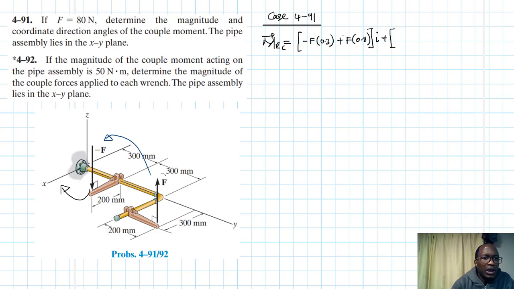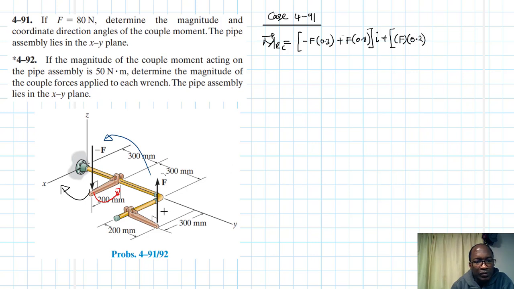Then plus, along the y-axis, let's start with this one. We are going to have a positive along the y-axis from that negative couple moment. So this is going to be equal to F by the lever arm, which is 200, so 0.2.